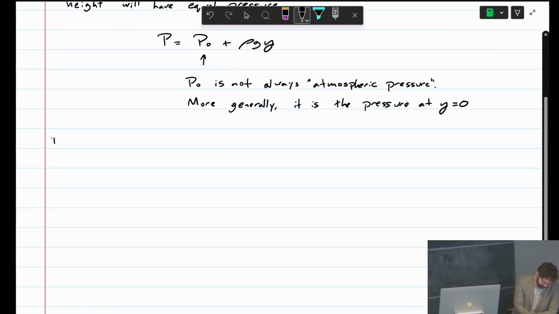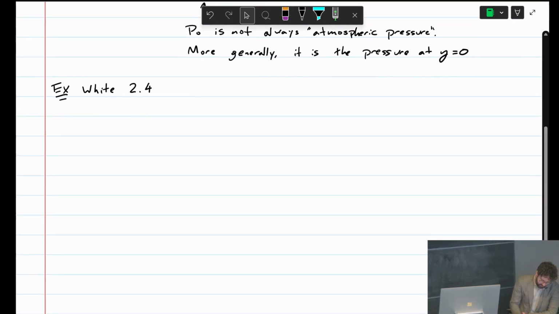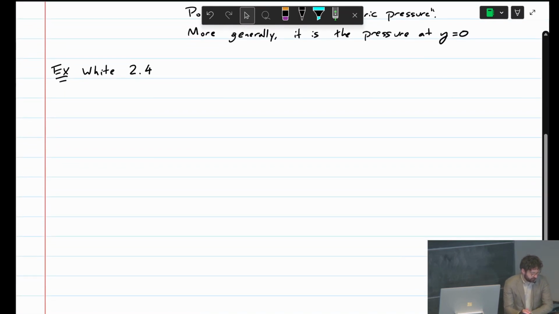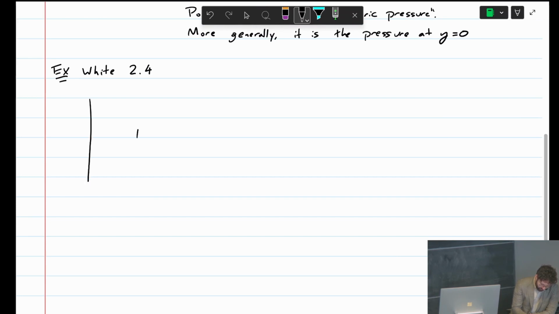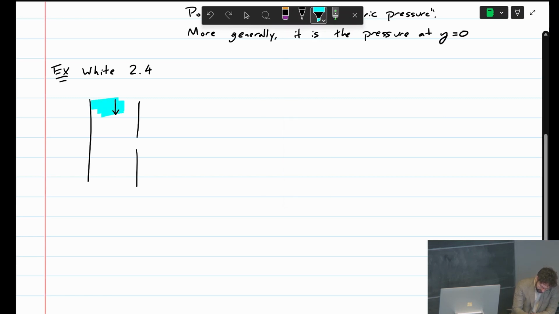So here's an example. It's from the textbook, so that's the white textbook. So I'm going to draw this schematic here. So we have flow through a pipe or a channel or something like that here. Say flow of, I guess, some blue fluid.